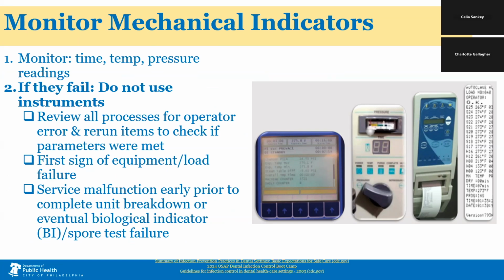If mechanical indicators are not met, review the process for improper packaging or loading by the operator and rerun the cycle. If the parameters are still not met, the unit may require service before it completely breaks down or fails a spore test.